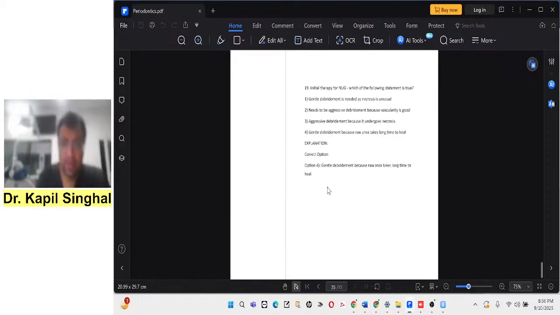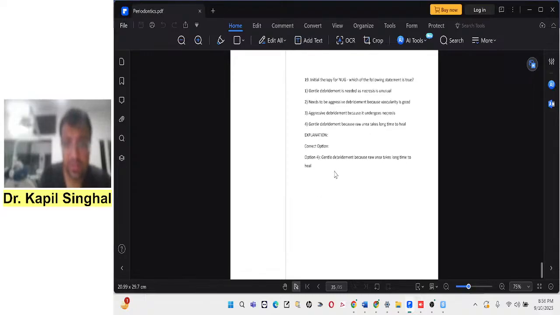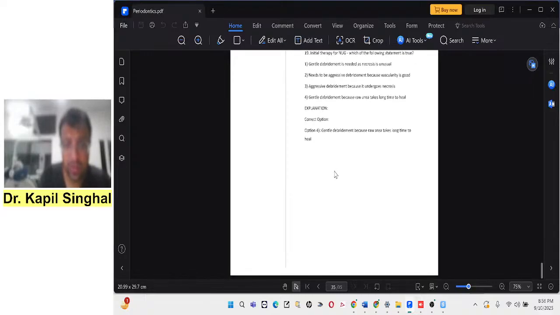Necrosis is there, so this is wrong. Aggressive debridement is wrong. It's gentle debridement because the raw surface takes a long time to heal. The answer here would be 4, that is gentle debridement because the raw surface takes a long time to heal.